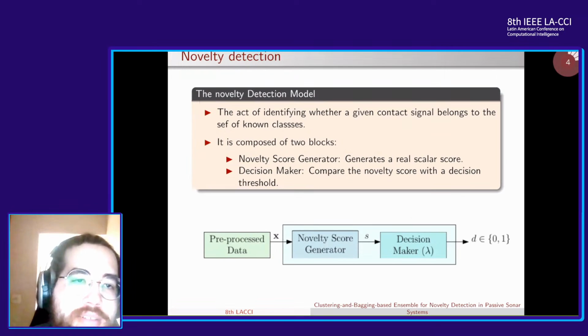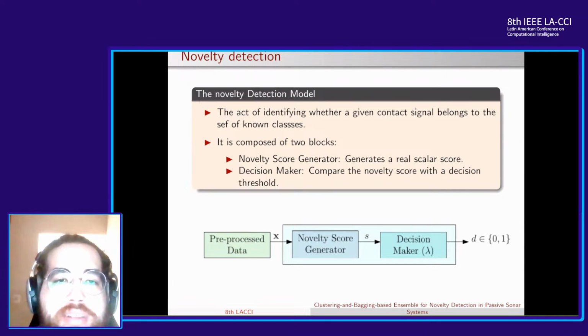In this work, novelty detection will refer to the act of identifying whether a given contact signal belongs to a set of classes exploited for developing an automatic contact classification system, referred to here as known classes, or to another class generally named as the novelty class. Typically, a novelty detector system is composed of two blocks: a novelty score generator and a decision maker.